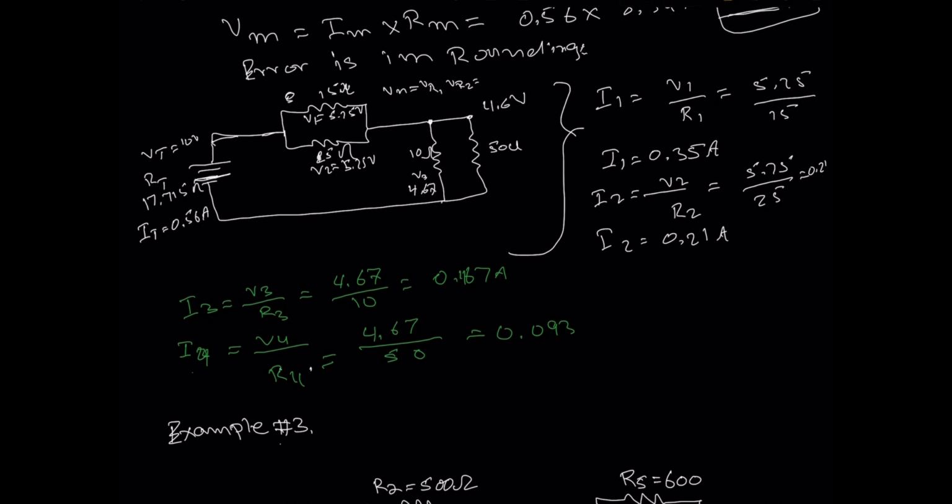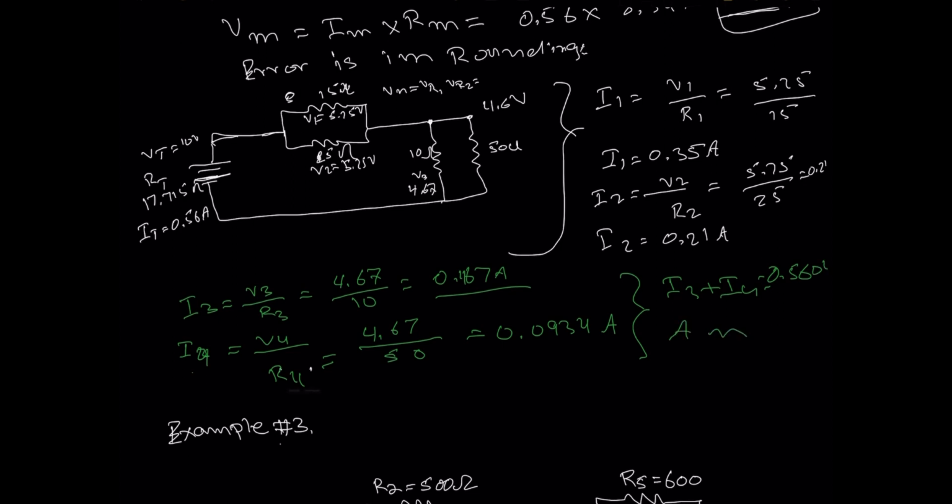If you add these, this one and this one should add up to 0.56. Let's see, 0.467. Yes, if you add these two, I3 plus I4 is giving me 0.5604 amperage.